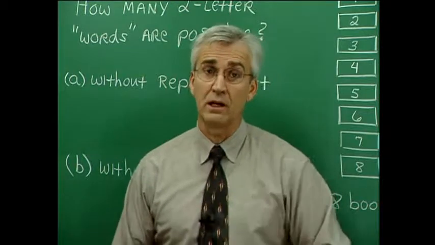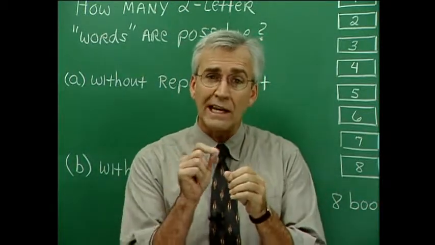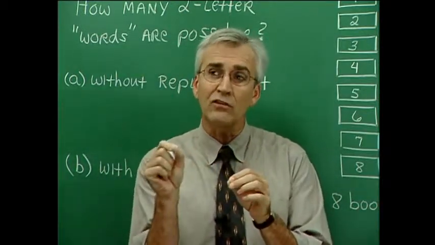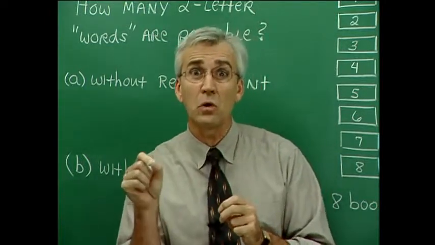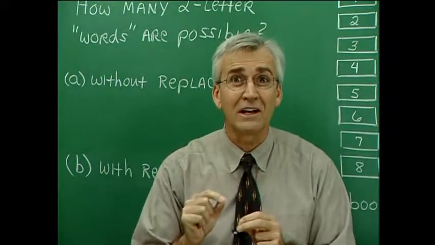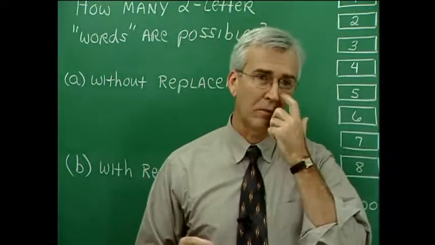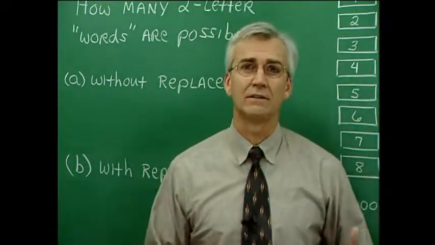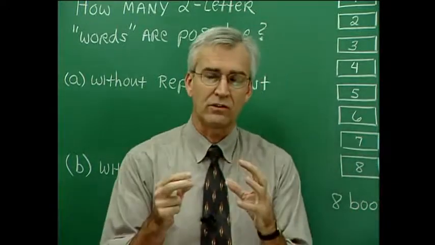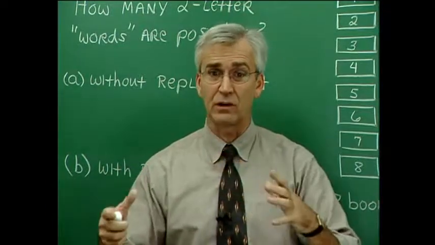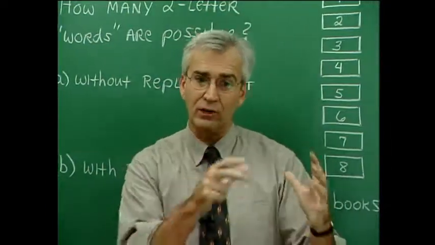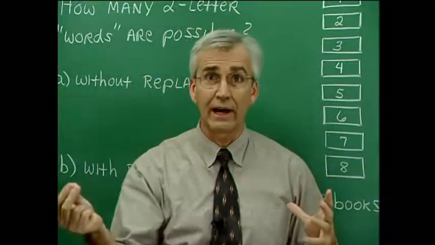Now the question becomes, do we include in the list of choices for the second letter the letter that we chose first? We can set it up almost like an experiment where we have the letters of the alphabet written on little slips of paper, and we throw those little slips of paper into a hat, and we shuffle them around, and someone draws a letter.